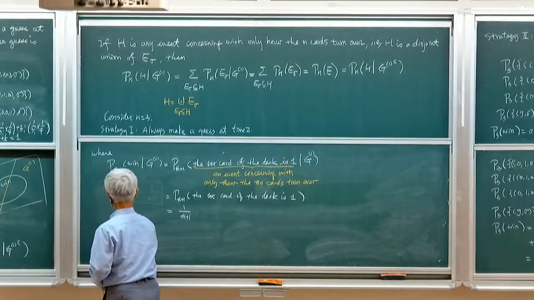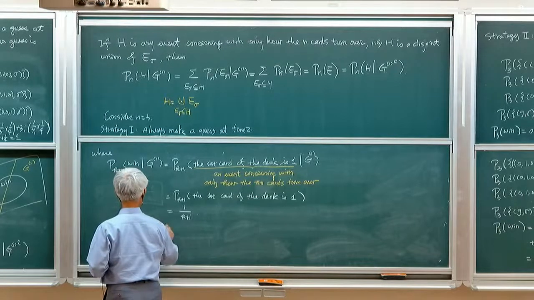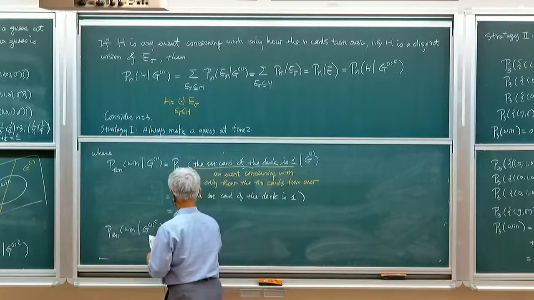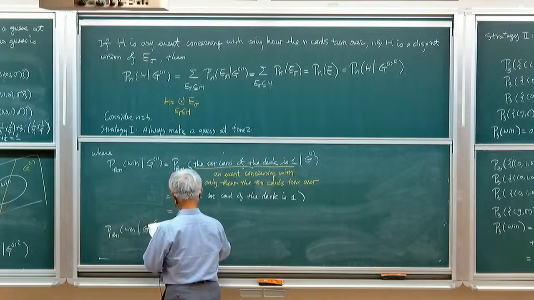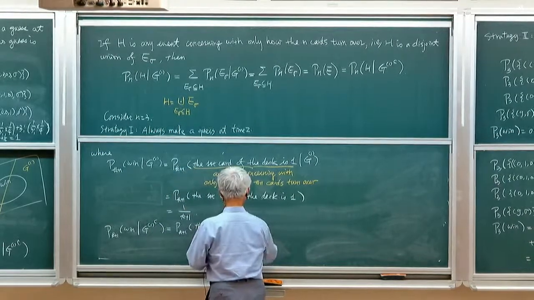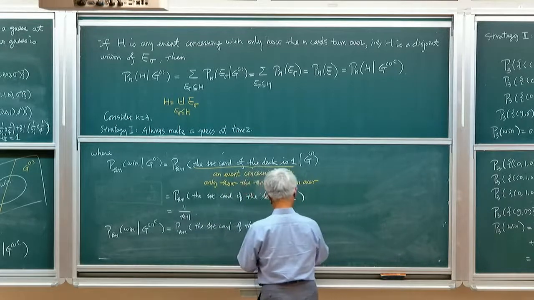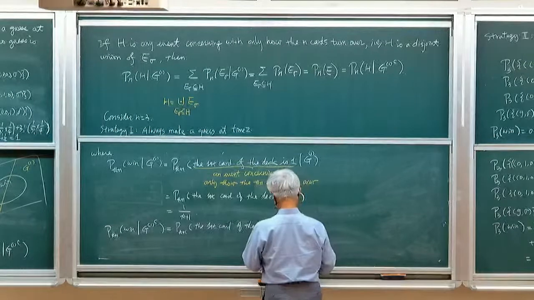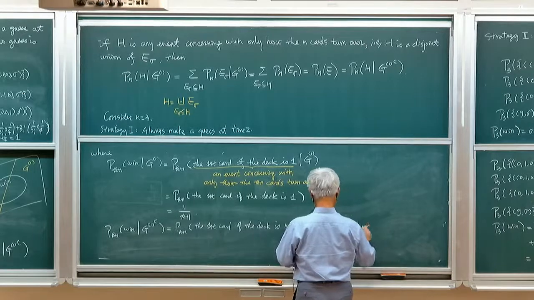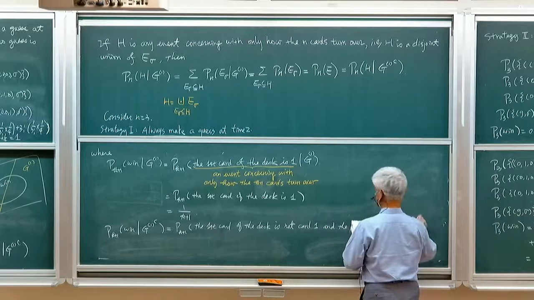Now P k plus 1 of win given G1 complement. Okay. So this is P k plus 1. The first card of the deck is not card 1, and the player wins, given G1 complement.